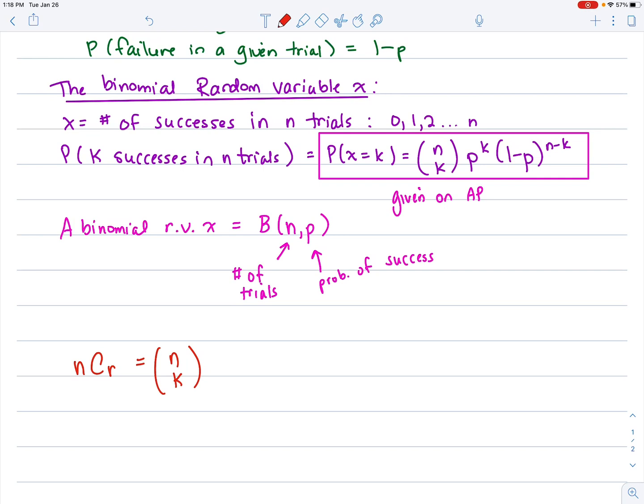So I don't know if you've ever really seen nCr before, but it has to do with combinations. So nCr is like if you have 4 things and you're taking 2 at a time, how many combinations are there? That's what it really means. To calculate it, you'd have to know N and you'd have to know K or r. So N would be the number of trials and K would be the number of successes. You'd have to know those 2 numbers.